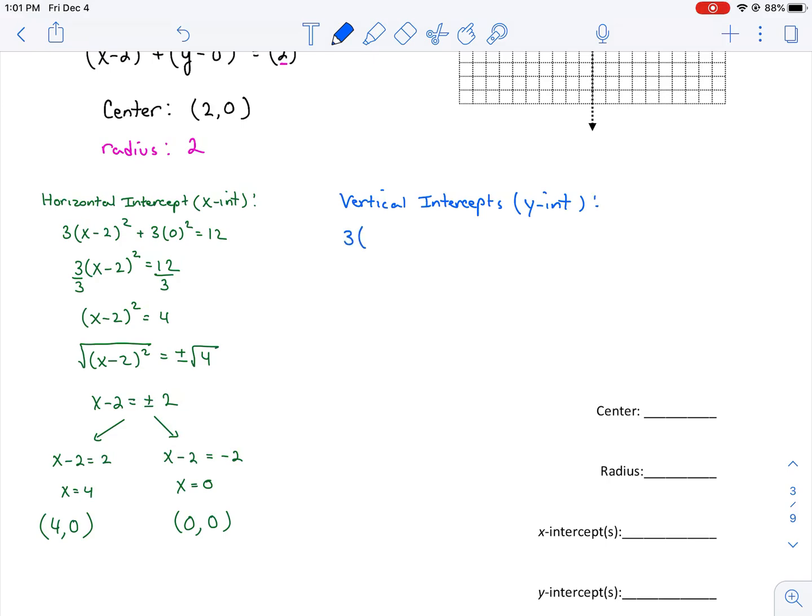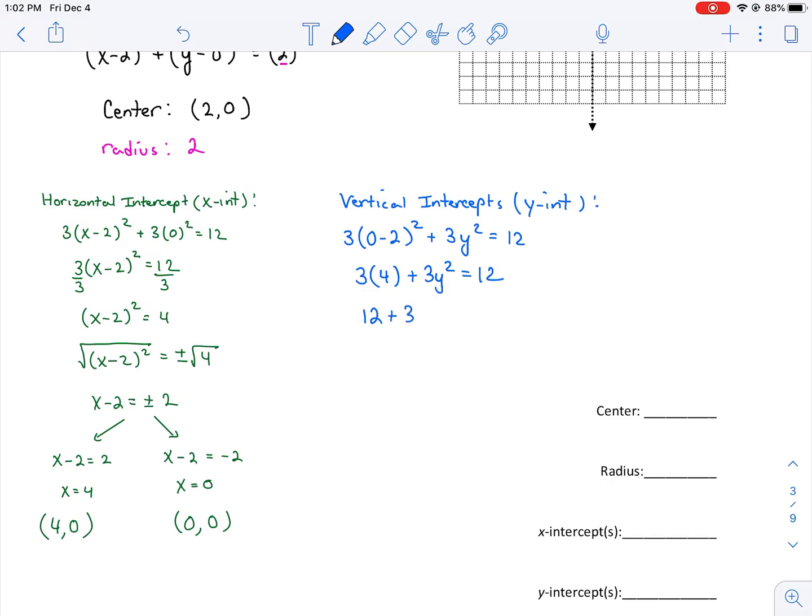So this will look like this. 3 times the quantity 0 minus 2 squared plus 3 times y squared is equal to 12. Okay, so 0 minus 2 is negative 2, and negative 2 squared is positive 4. So this is 3 times 4 plus 3 times y squared is equal to 12.